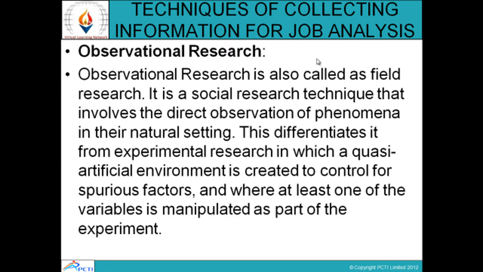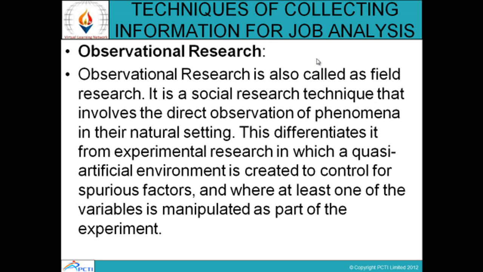Then the other is the observational method, which we already discussed. The observational method is basically a field of research. It is a social research technique that involves the direct observation of phenomena in their natural settings. This differentiates it from experimental research, in which a quasi-artificial environment is created to control extraneous factors, and where at least one variable is manipulated as part of the experiment.